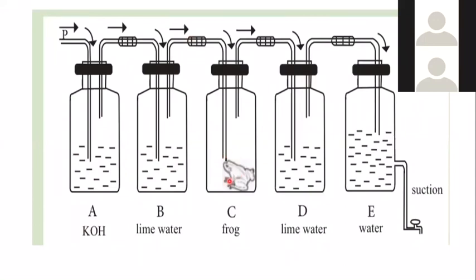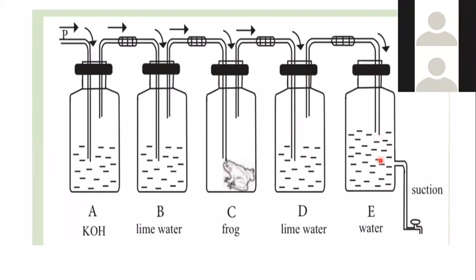Now here the frog is there. Cellular respiration is done by the frog, and air comes out from here because cellular respiration has already taken place. The gas that comes out contains carbon dioxide if cellular respiration is done. So in the D vessel, lime water becomes milky, and this setup shows the suction pressure is provided by the water.